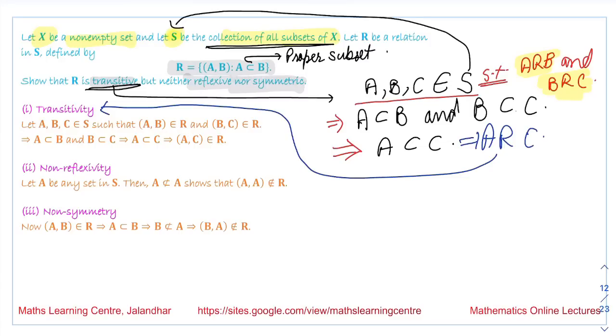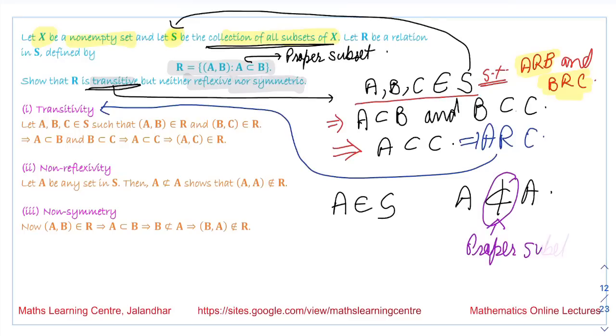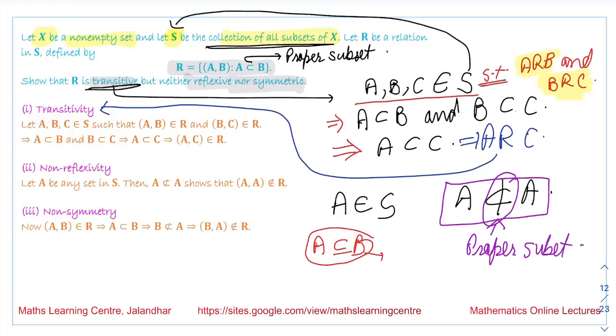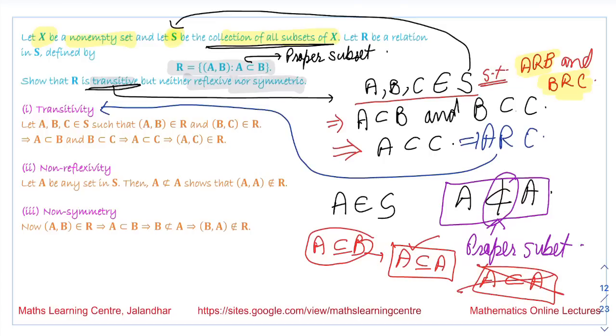So we are considering any element A from this set S, and clearly A is not a proper subset of A. Again I am repeating, this is a proper subset over here, and we are saying A is not a proper subset of A. In place of this, if we had A is a subset equal to B, then A is a subset equal to A. This thing will be true, but A is a proper subset of A, this thing is false.